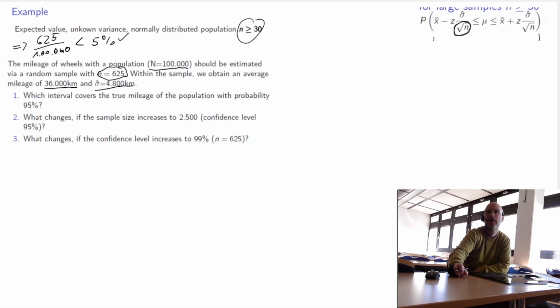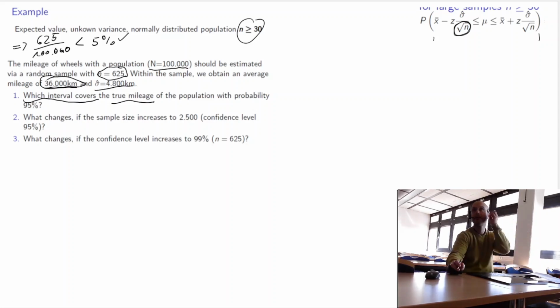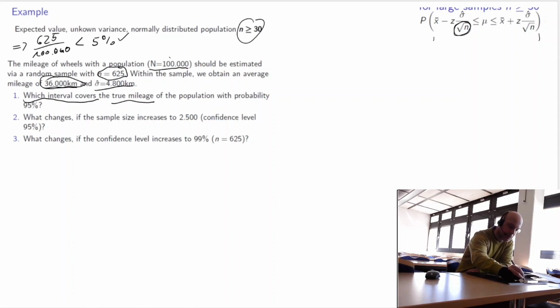This is just the first purely descriptive result which we can draw from our random sample. But now we want to know which interval covers the true mileage, because we don't know what is the expected value. If it's really 36,000, we don't know, because the parent distribution is, of course, much larger.